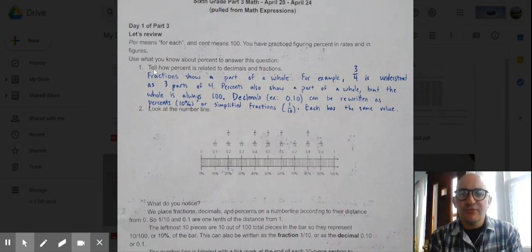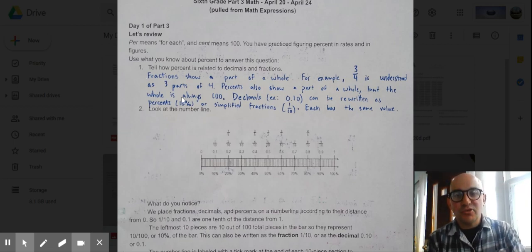So first one, we're talking about percentages and how they relate to fractions and decimals. Your answer might be worded a bit differently from mine, but basically what we want to say is that fractions show a portion of the whole, and percents also show a portion of the whole, but in the case of percents, the whole or the total is always 100.